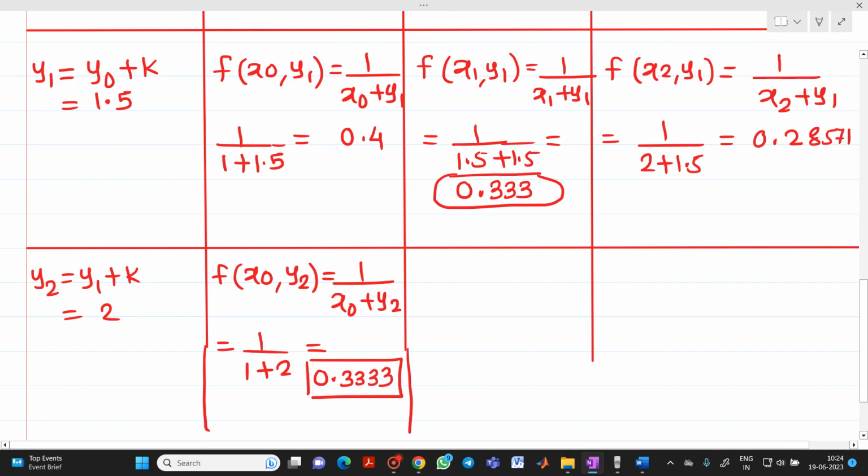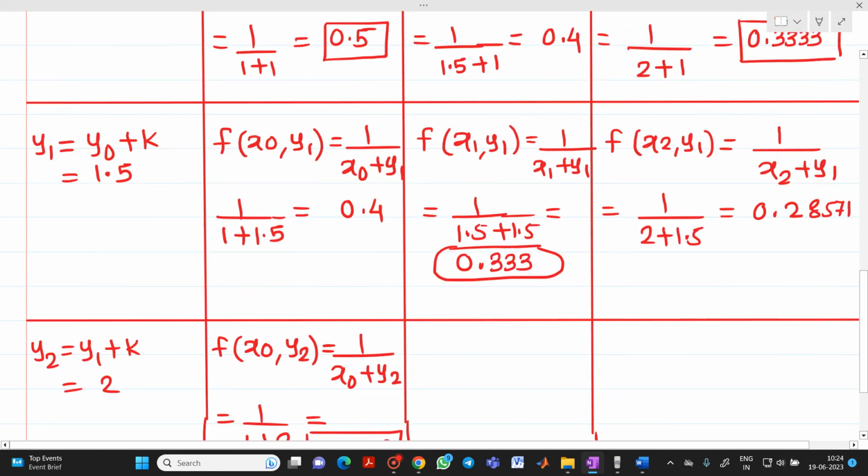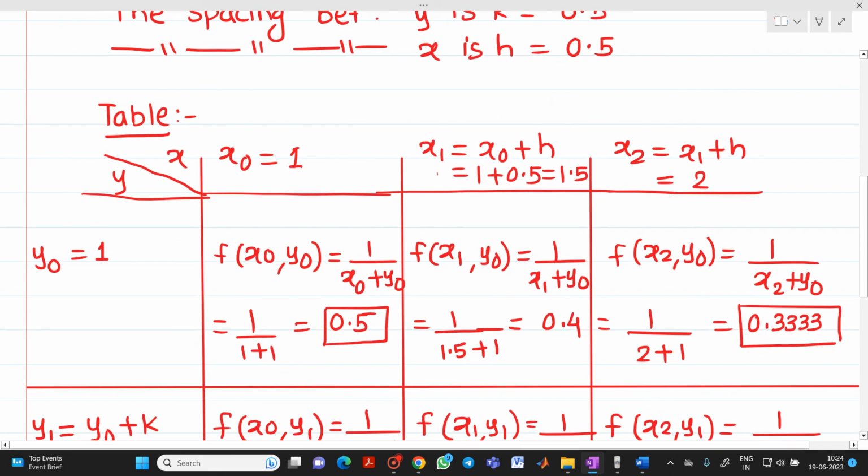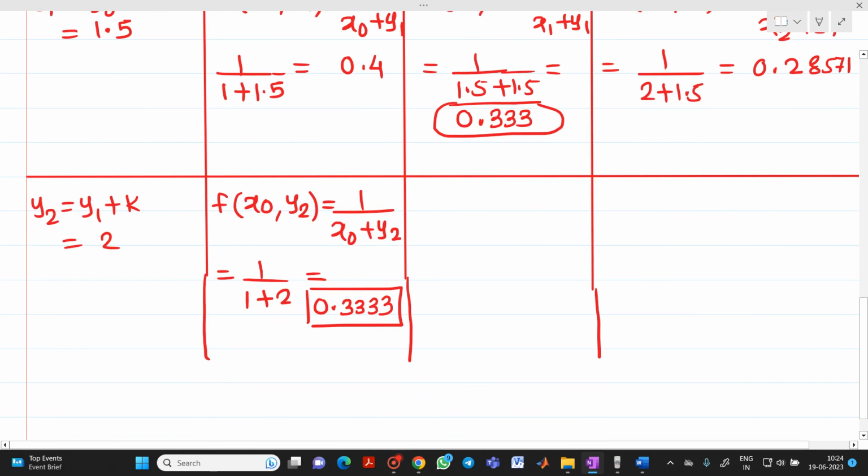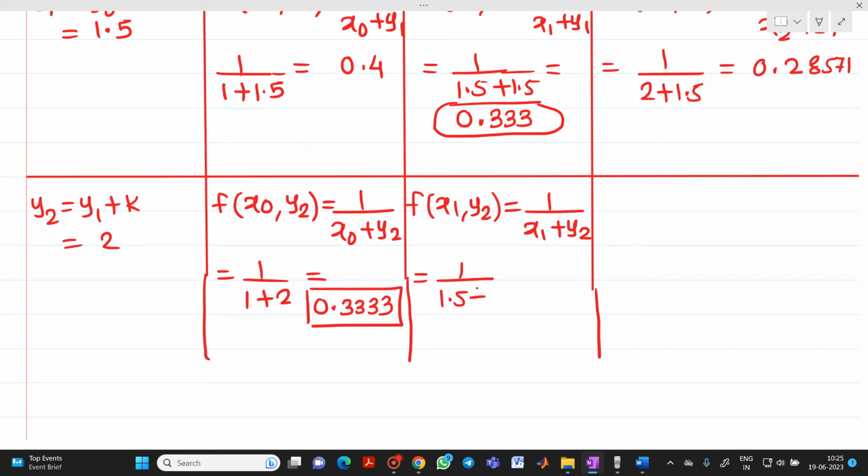After that, if you see here, next will be what? x equal to x1 and y equal to y2. So let me write f of x1 comma y2 will be equal to 1 upon x1 plus y2. So what is the value of x1? It is 1.5, plus 2.